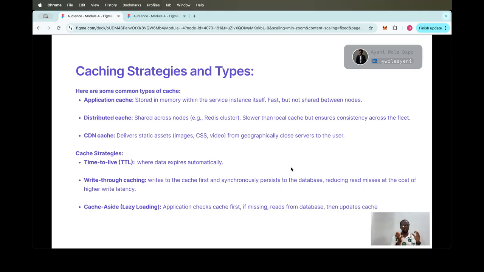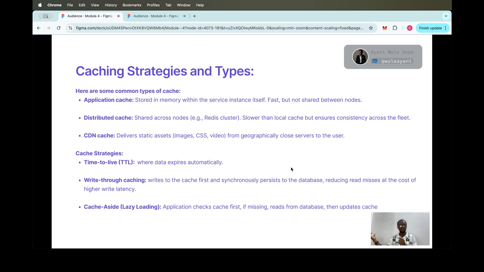The third one we have is cache aside. The way cache aside works is, when you make an API call, the API call checks the cache first. If that information is not in the cache, it will route that request to the database.